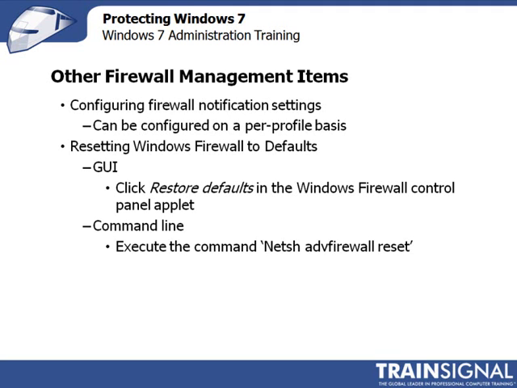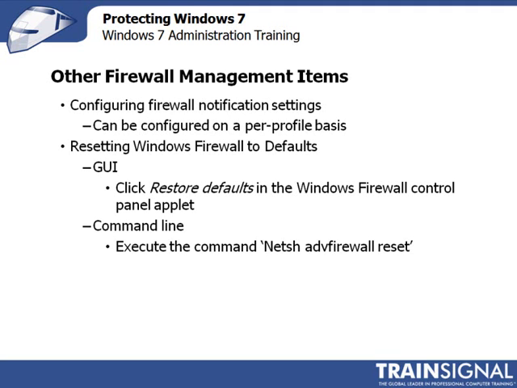You also need to understand how to reset the Windows firewall to its default factory settings. I've had to do this before because I screwed the firewall up so bad that I couldn't repair it. And that's easy to do when you start creating granular rules in the Windows firewall. There's a couple of different ways you can do this. One is from the GUI, and the second is from the command line.